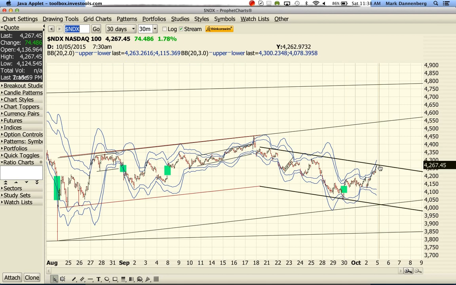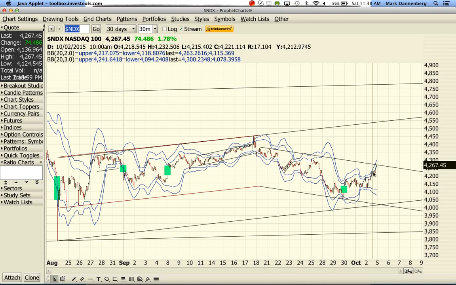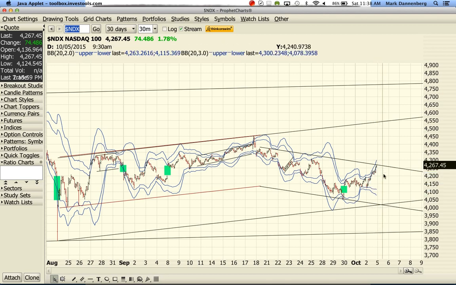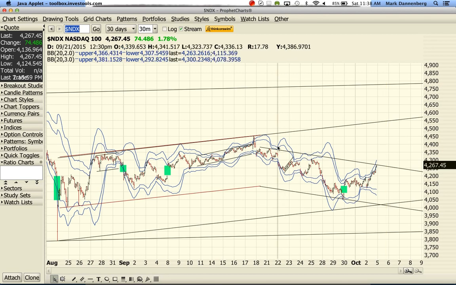So I said to you a moment ago, I wouldn't be surprised if we head lower the first couple of days of next week, even a small pullback, partly because we hit a line of resistance and partly because we actually are trading right at the upper Bollinger Band. And it's just natural to see the price move back and forth between the upper and lower Bollinger Band.